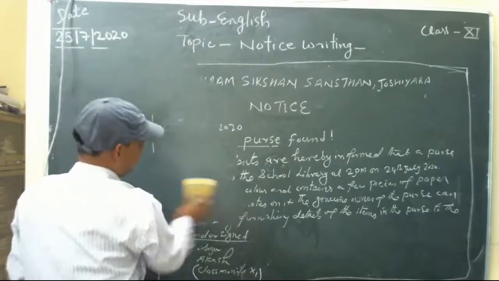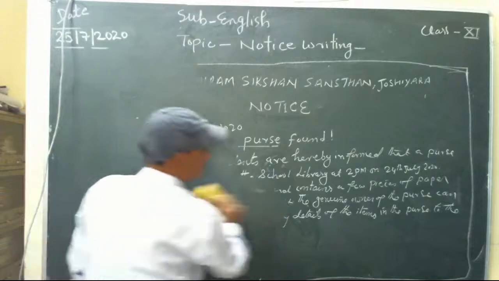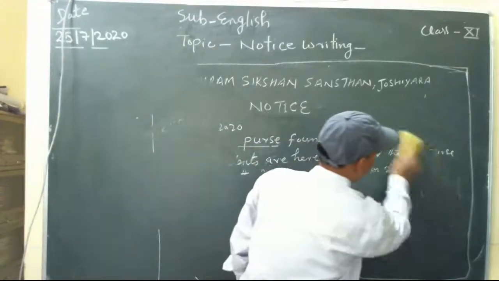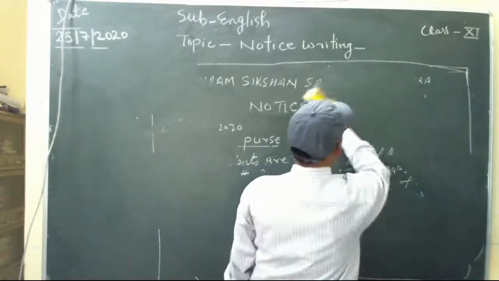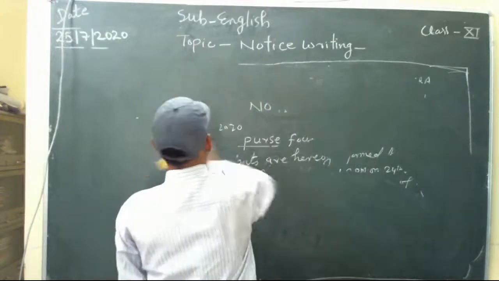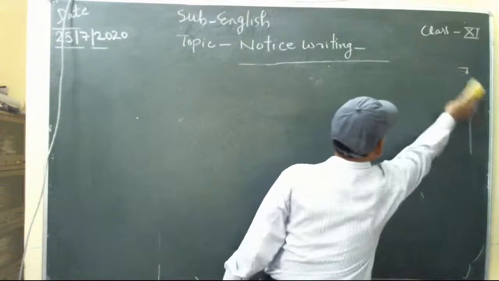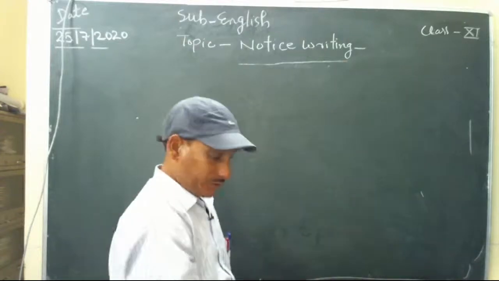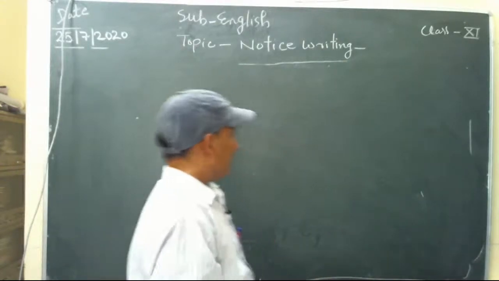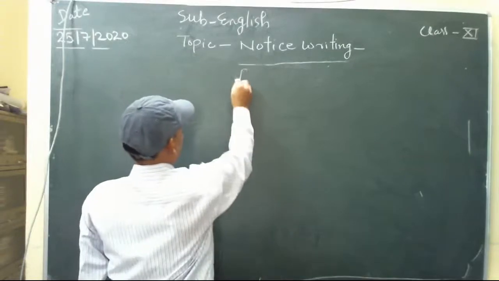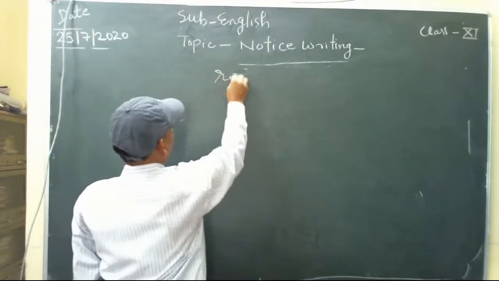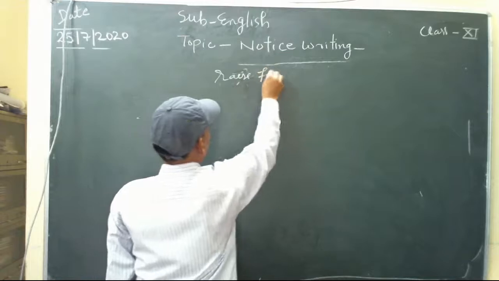We will move to the next example, where we will learn to write a notice again, but now on a different topic. Suppose we want to write a notice to raise funds.